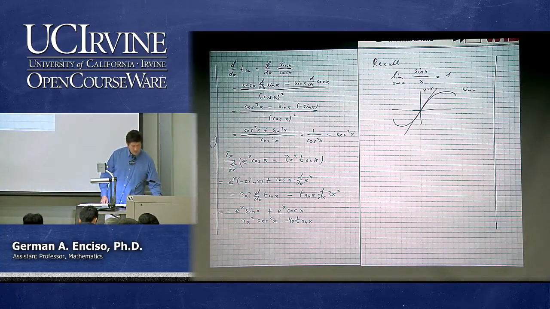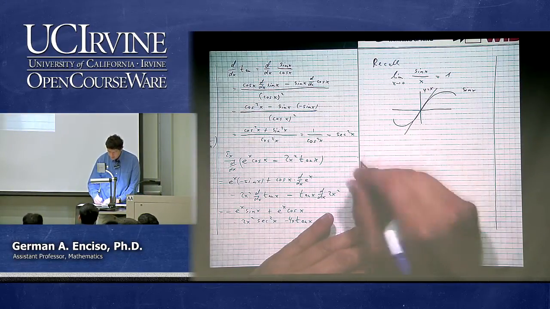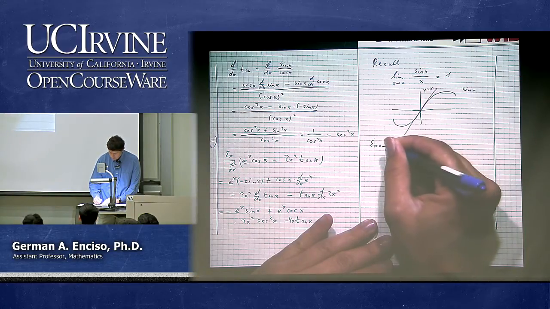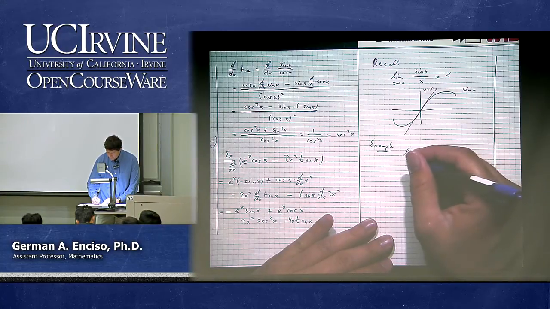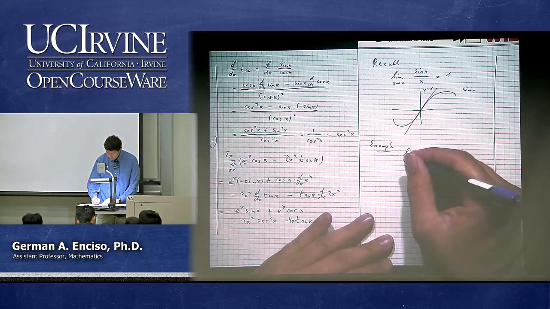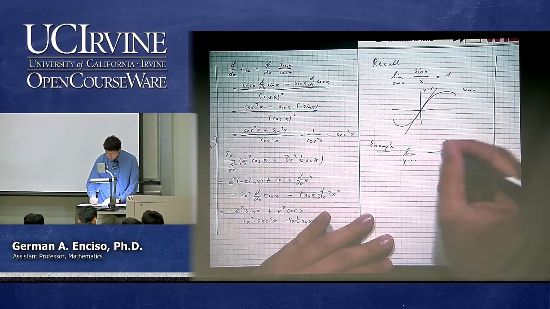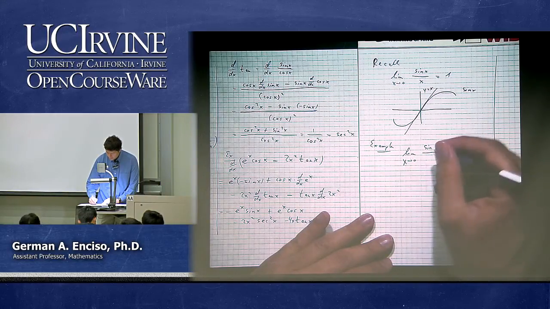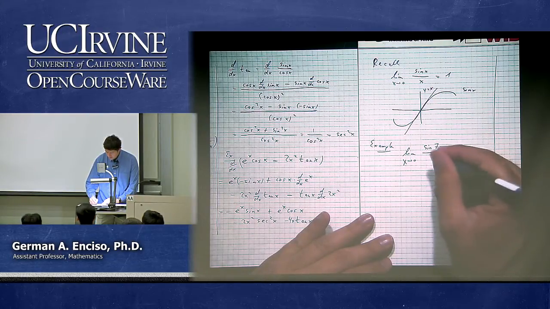Okay, so now I'm going to give you an example that uses that in a non-trivial way. Let's calculate the limit when x goes to 0 of sine of 7x divided by x.